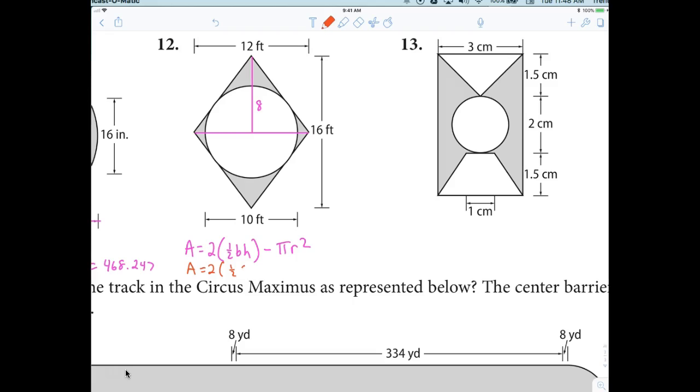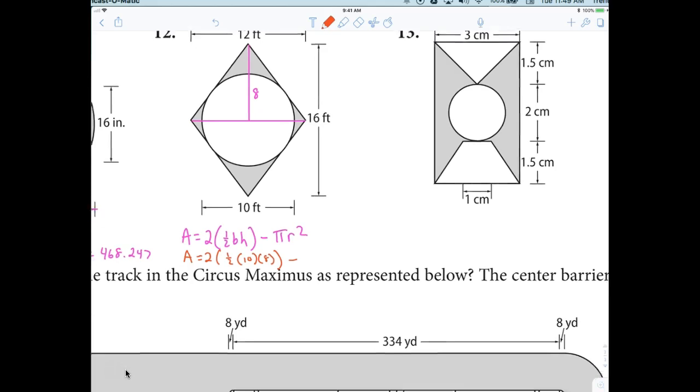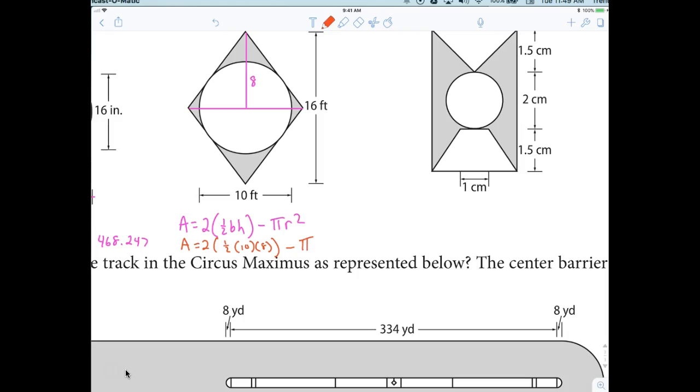So that is correct. Now I'm looking for the radius of the circle. What is the radius? Say it. 5. Beautiful. So this would be pi times 5 squared.